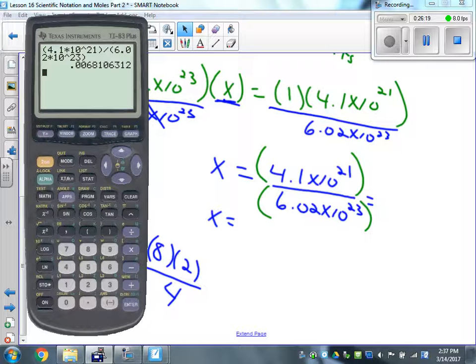If it is not, then like I said, make sure that at least the second number here, 6.02 times 10 to the 23, has brackets around it. However you do that is up to you, but that's the number you need to come up with. So I'm just going to write that down here. It's 0.006810.